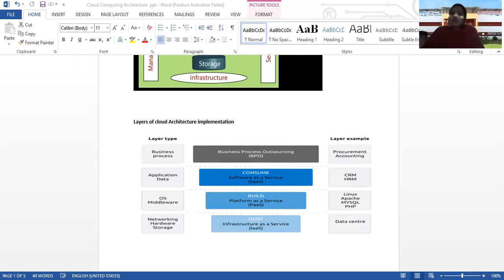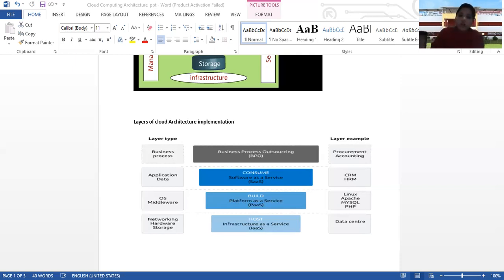The second layer of cloud is the platform, platform as a service. The platform layer provides resources to actually build applications. In combination with IaaS, PaaS provides the ability to develop, test, run, and host applications. The platform layer opens up the cloud service to third parties and their software.